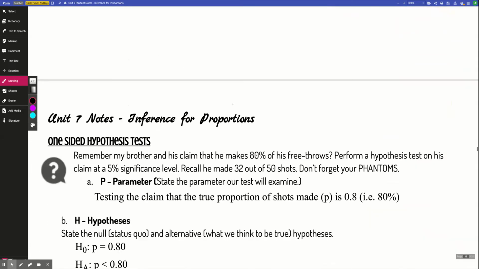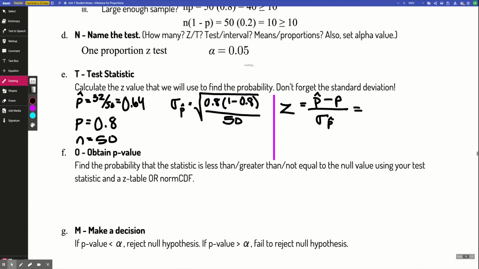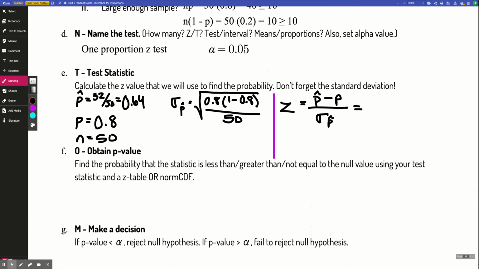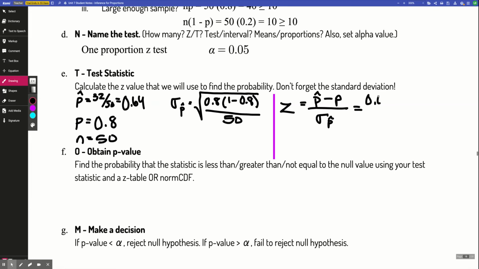Sorry, little detour there. Okay, so I'm going to go ahead and plug my values in here. So p hat is 0.64 minus my population proportion, my claim, 0.8, divided by whatever this standard deviation is. So really quickly, I'm going to plug this into my calculator to get what this is. So when I did, I got 0.0566.